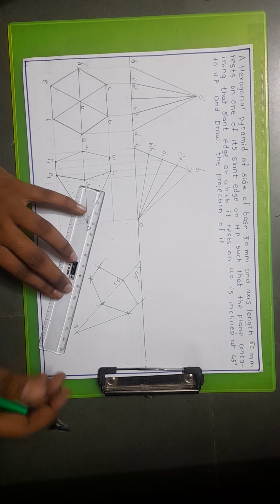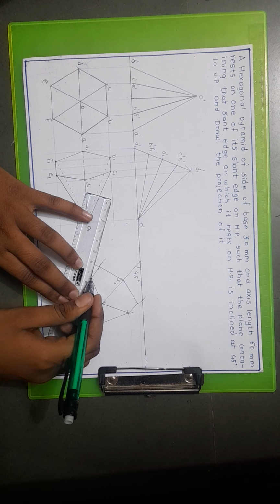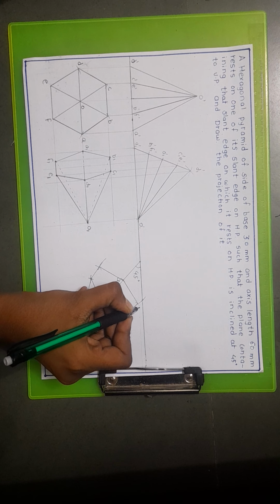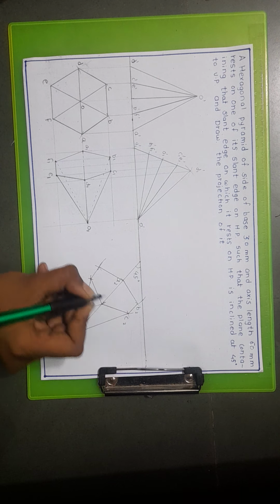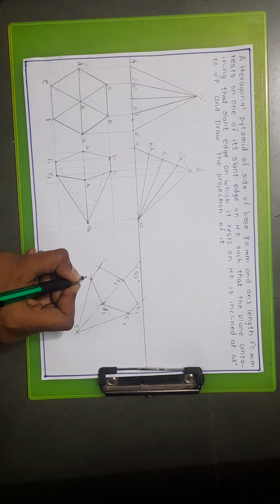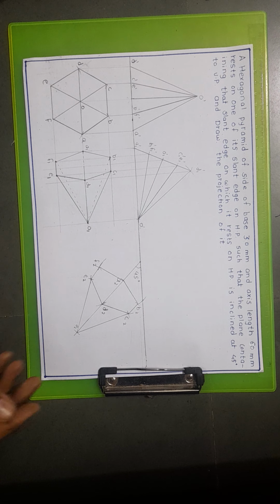Sorry for the disturbance. I will give names here. A2, this will be B2, C2, D2, E2, and the last one F2.